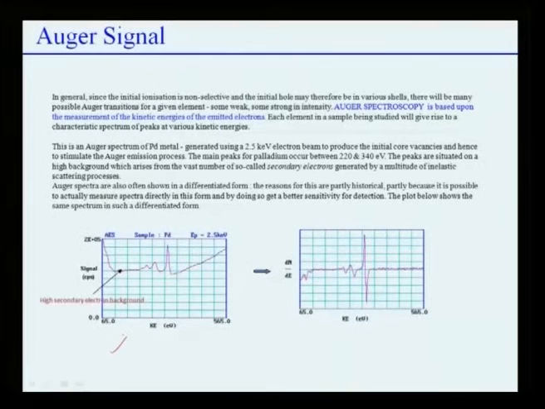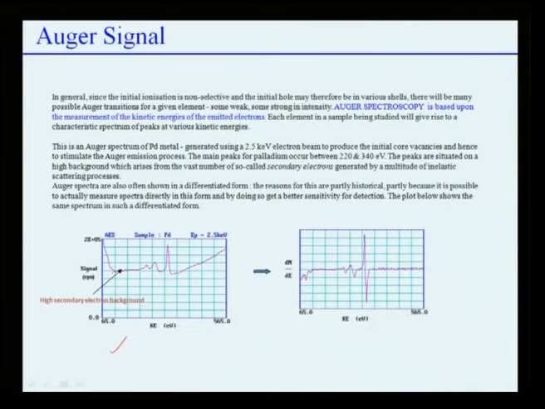So AES spectra are often shown in differentiated form. The reason for this is partially historical, partially because it is possible to actually measure the spectra directly in this form, and doing so gets better sensitivity of detection. The plot actually shows an N(E) spectrum. This is the signal versus KE.